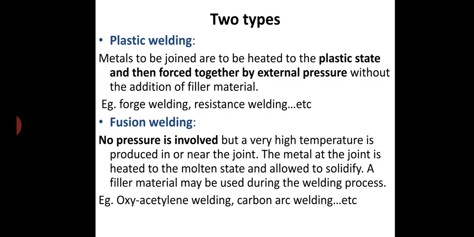Here the metals are heated and we just bring them to a plastic state, slightly sticky, and we apply some external pressure or force. You are not using any filler material. Examples are forge welding and resistance welding.